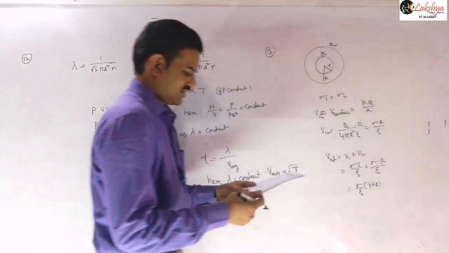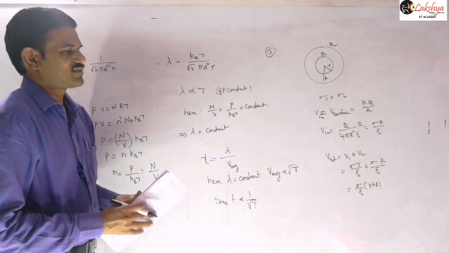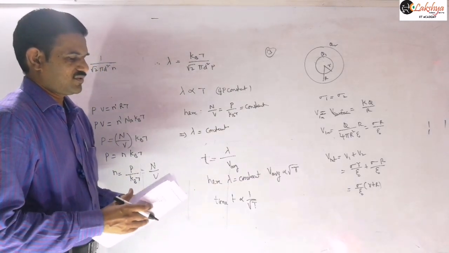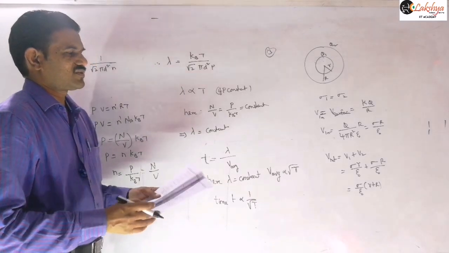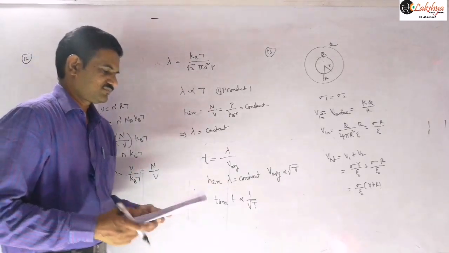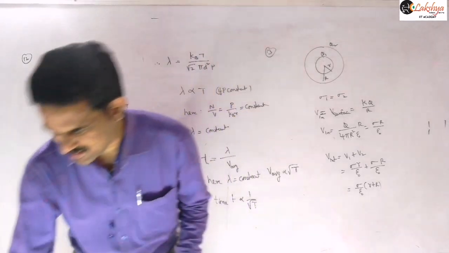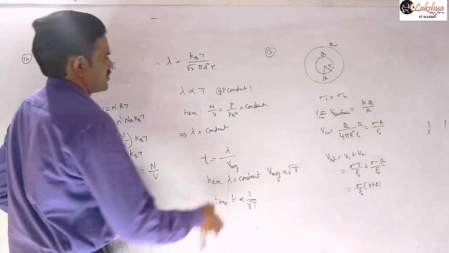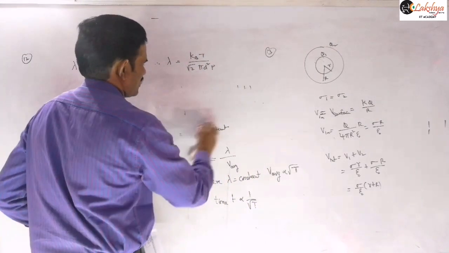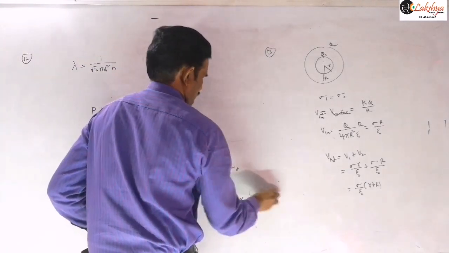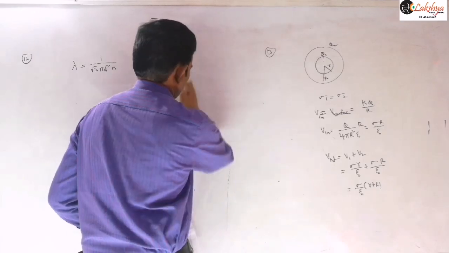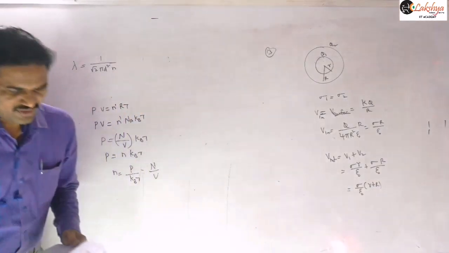Now the given information is that sigma is the same for both of them, and Q1 and Q2 values are given. In terms of Q we need to write this, right? The total charge is given as Q for us. So let us do the further simplification.